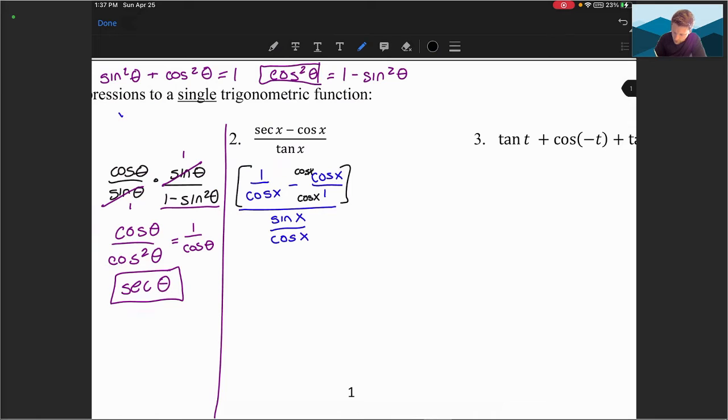So if I rewrite this, I'll have 1 minus a cosine squared x in the numerator, all over a common denominator here of just cosine x. So that will be my numerator expression, and then I'll have the sine of x over the cosine of x for the denominator.